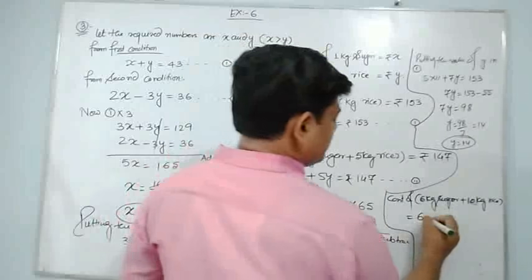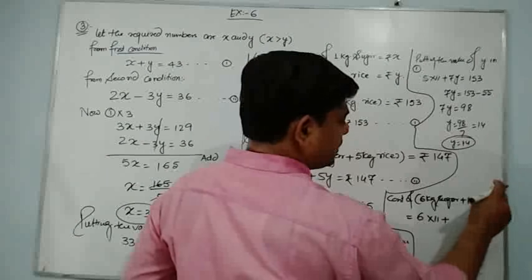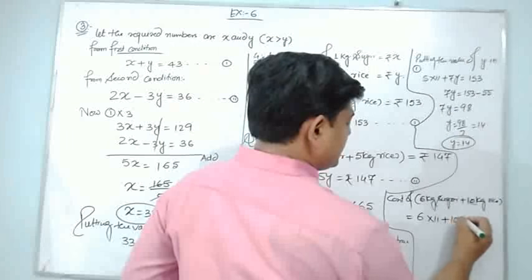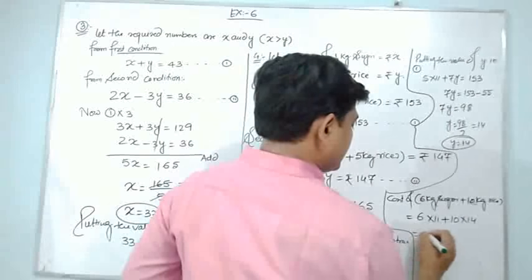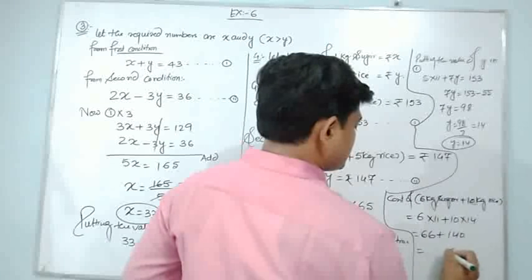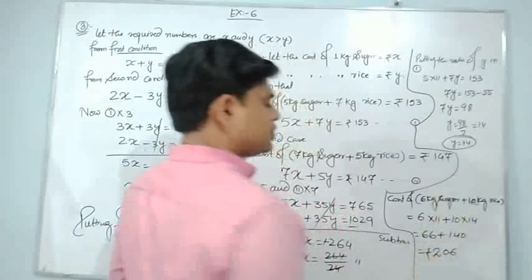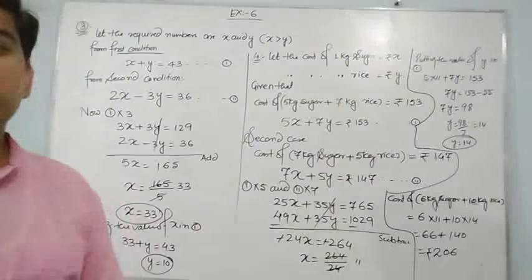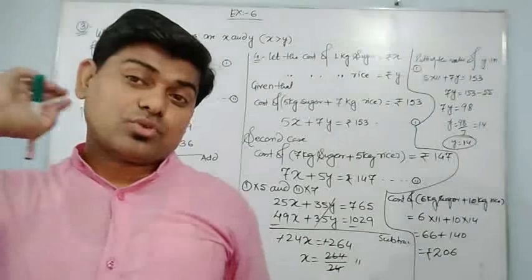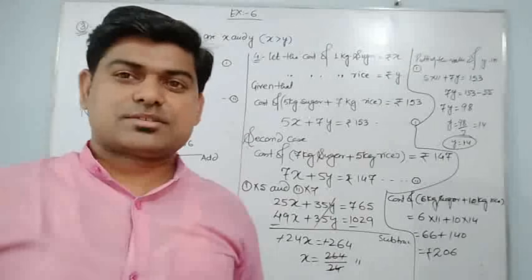So 6 kg will be 6 into 11, plus what is the cost of 1 kg rice? 14. 10 kg, 10 into 14. It is 66 plus 140, rupees 206 we have to pay for 6 kg sugar and 10 kg rice.